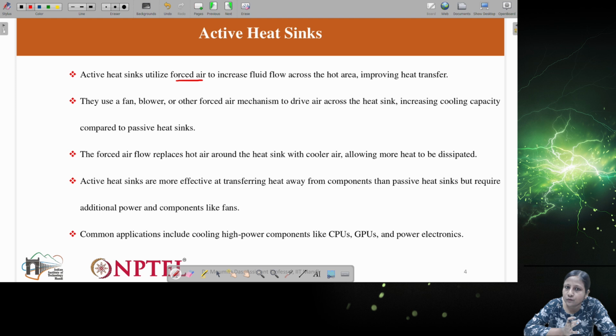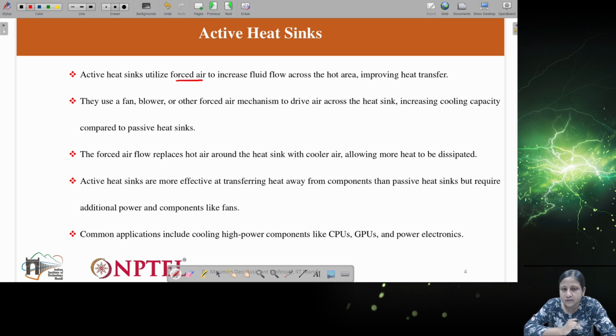Basically along with the heatsink, if we connect, let's say, a small fan, then what can it do? It can force some air through the heatsink so that whatever gap is there in between the different teeth, heat can actually be dissipated.